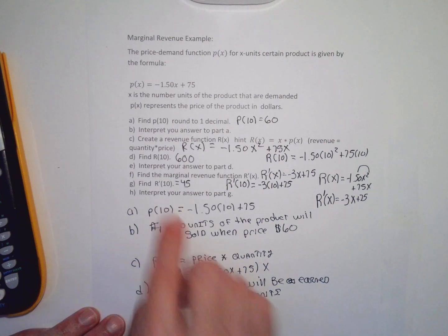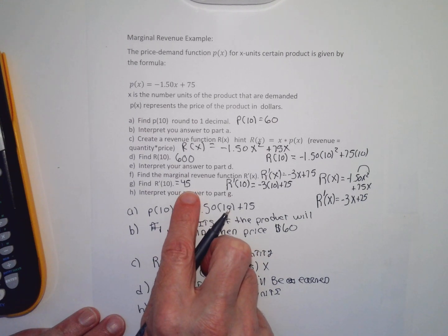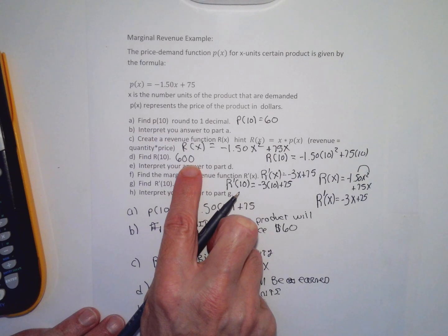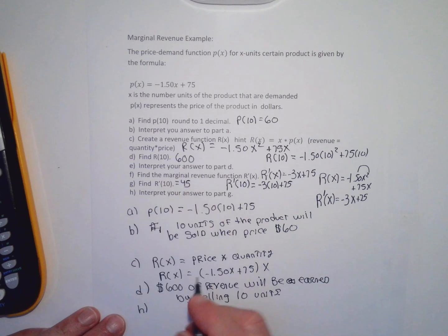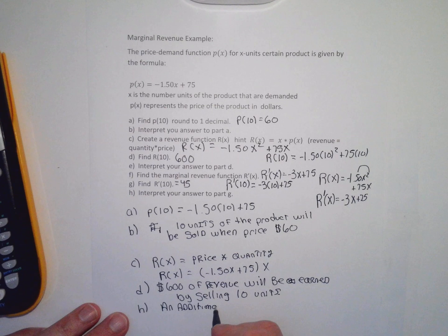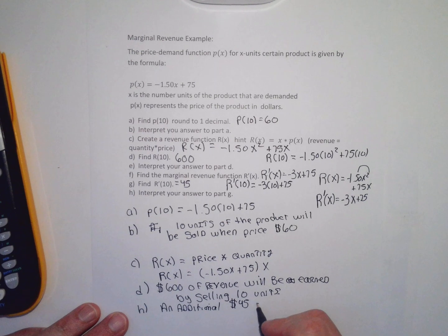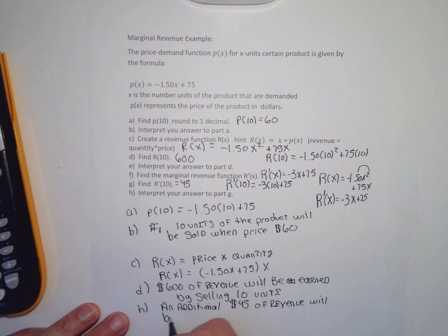And now I need to interpret. For part H, to interpret my answer, the marginal revenue is not the total revenue. The total revenue to sell 10 items is $600. This is the additional revenue by selling one more, or the 11th product. So I might say an additional $45, that 45 is dollars of revenue, will be generated or earned by selling the next item.